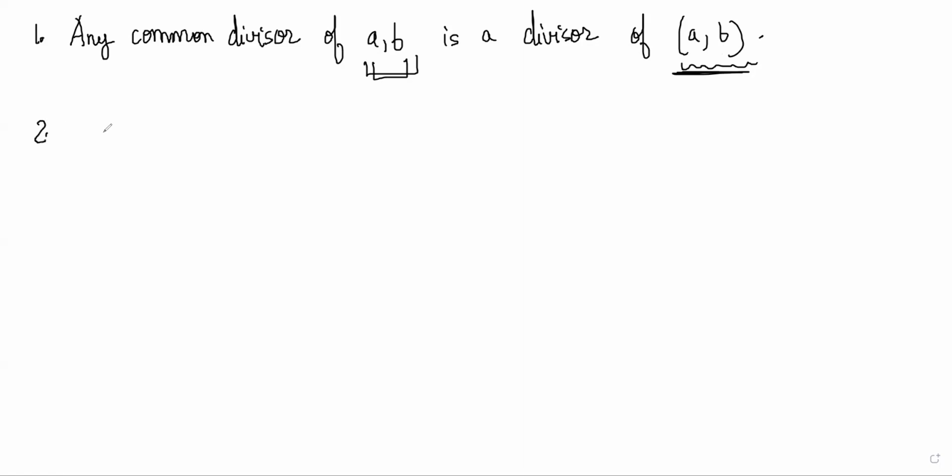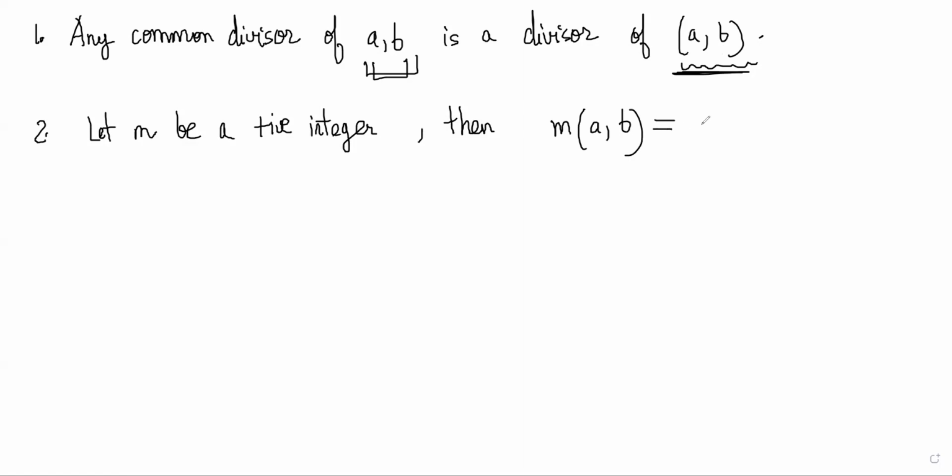The next property is: let M be a positive integer. Then we have M times the GCD of A and B is equal to the GCD of MA and MB. We'll be using this property many times, so keep this in mind.